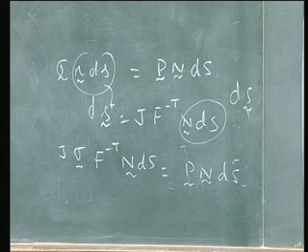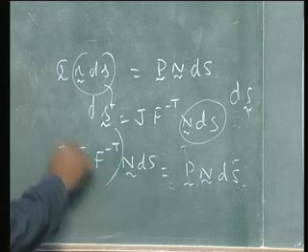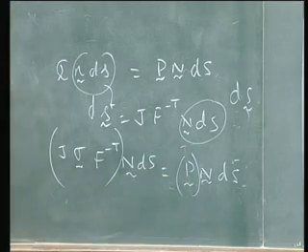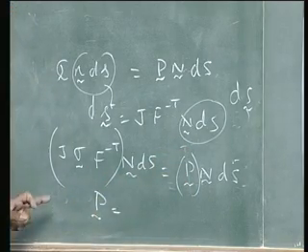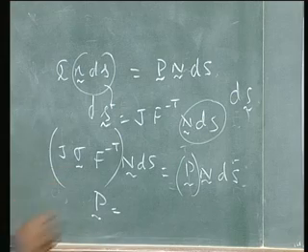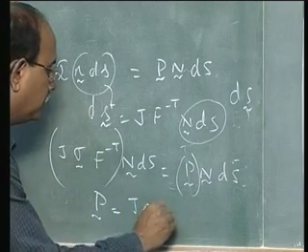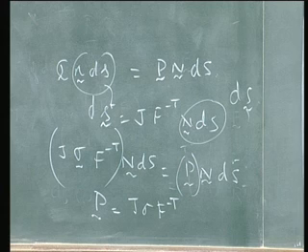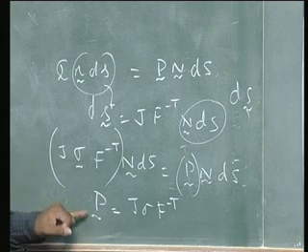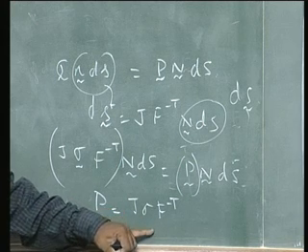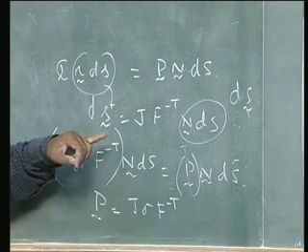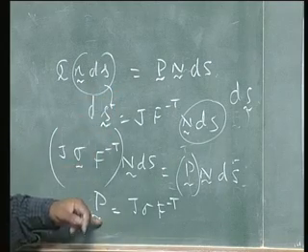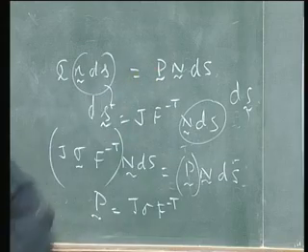Comparing the left hand side and the right hand side, obviously P is equal to J sigma F inverse transpose. So the first Piola-Kirchhoff stress can be calculated from the Cauchy stress, and the vehicle for this calculation is nothing but Nanson's formula.